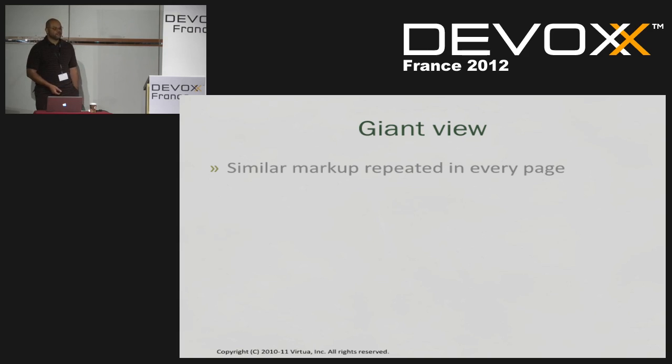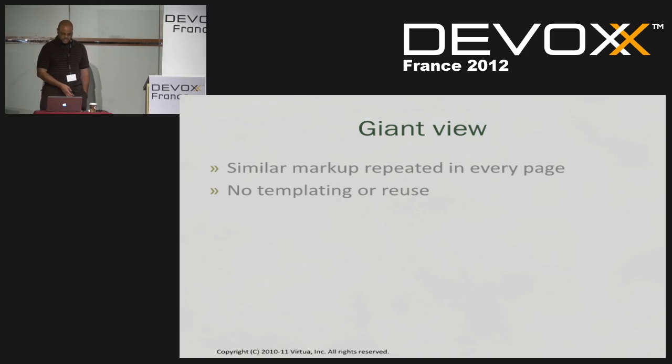So you have your JSP or a Facelet page, and they have lots of the same markup over and over again. And I see this happen sometimes in cases where you have a designer who gave the code to developers, and the developers really didn't try and clean up the code. They just took it as is, essentially.